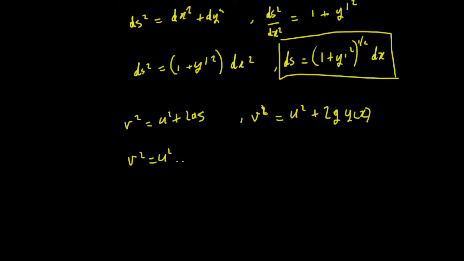So that's going to be minus 2g, and I'll just put y, I'll not put y of x because it's understood that y is a function of x. Okay, so that's our second little part.